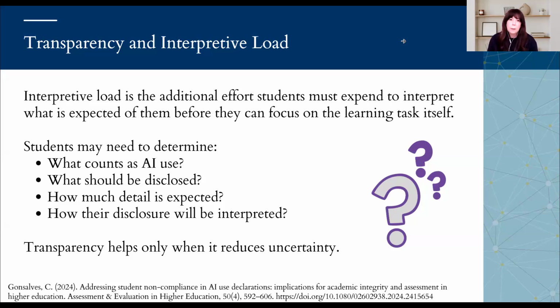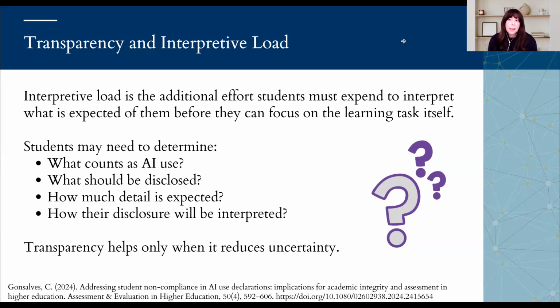So some of you in the chat noted that you might just ask students to reference the use of a particular model. Maybe some of you ask them to give you the prompt, whereas others might want more detailed information about AI use. And then there's also the uncertainty that students have around how their disclosure will be interpreted.